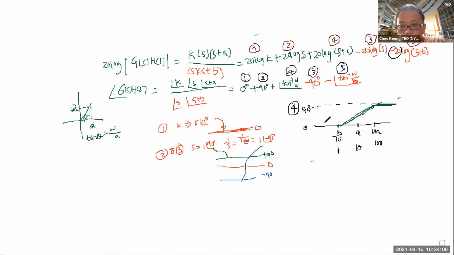So basically, it starts at 0. You will start turning at the point where it hits A over 10. At A, it is at 45 degrees. So that's how it goes. It will start at A over 10, it will end at 10A. And the slope is actually 90 degrees per 2 decades. Now it's not 1 decade, it's 2 decades.